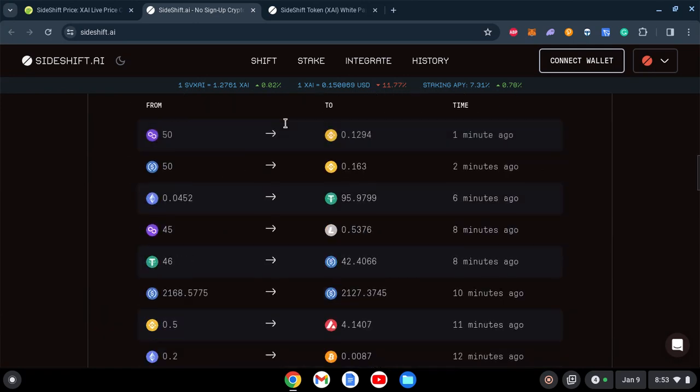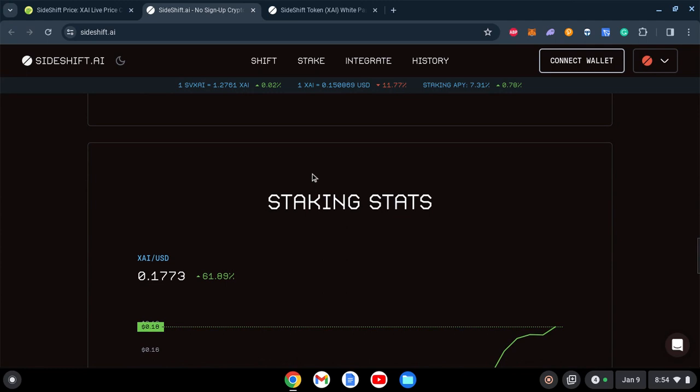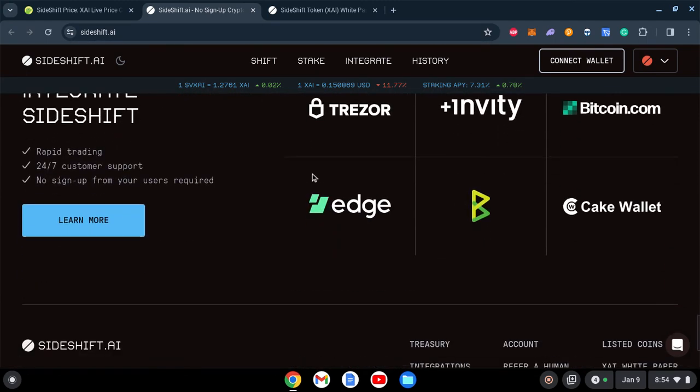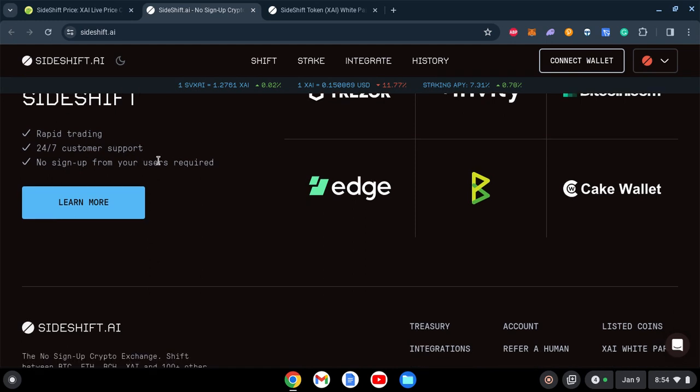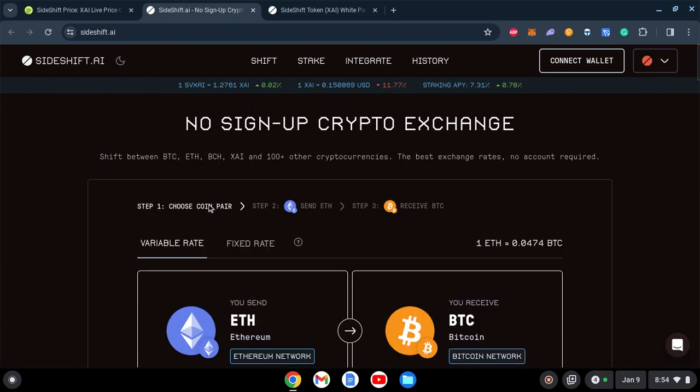So this is what they are trying to do here right now. At least that's my understanding, and probably I am right. They also have 24/7 customer support and no sign up, which is obviously a very important factor when you want to trade anonymously, and rapid trading and everything. So this is what is on the website.